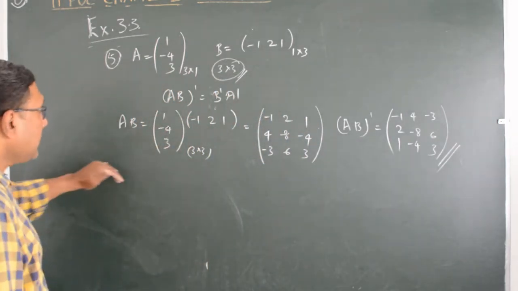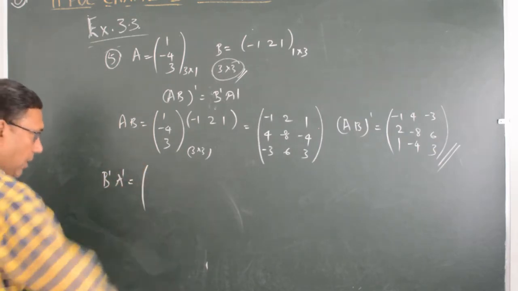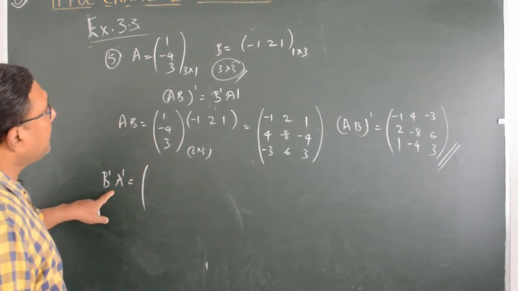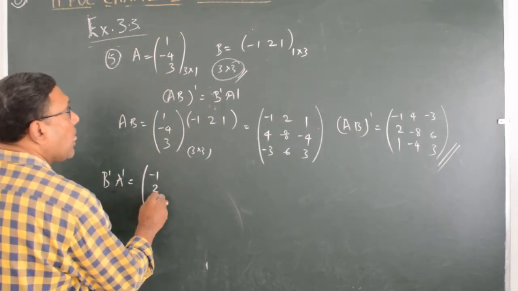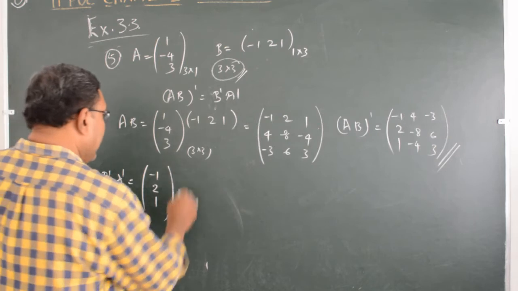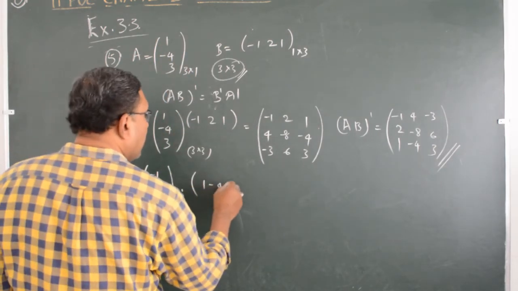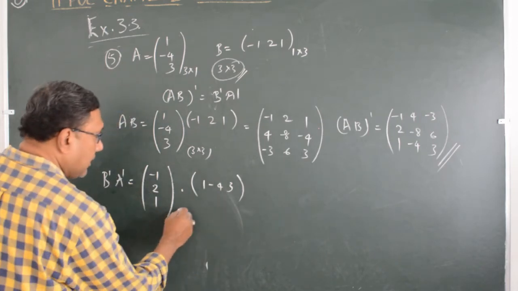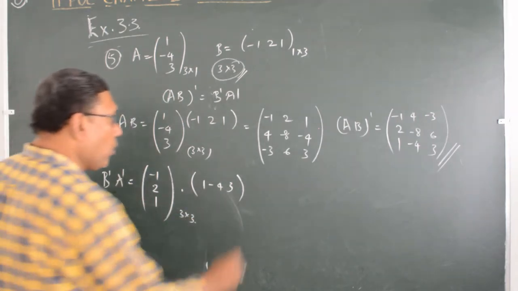Let's take B transpose and A transpose, we'll multiply it. B transpose will be minus 1, 2, 1, and A transpose will be 1 minus 4, 3. Again the resultant matrix will be 3 by 3 only. Let us find what we get.